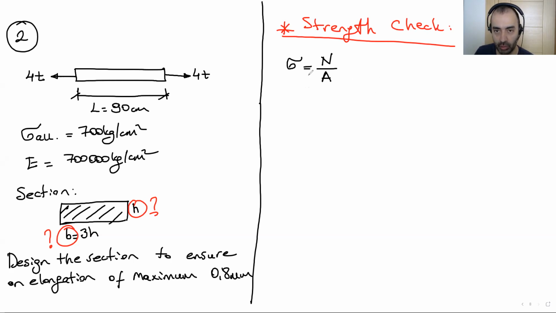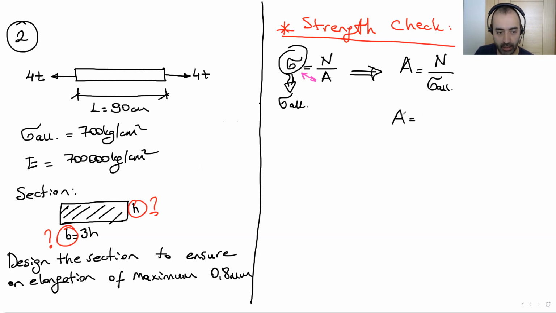Remember, we use the allowable stress for design. Now the area is N over allowable stress, if we change the location of these two. So let's calculate the area here.